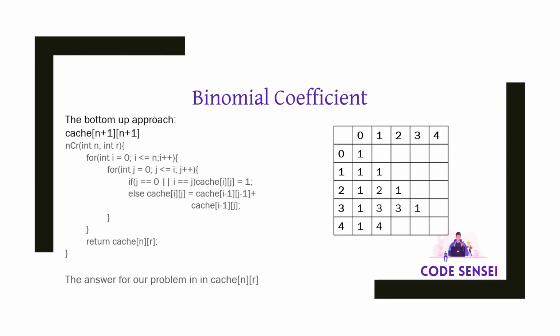Now the value of j will be incremented to 2. So the value of 4 comma 2 is going to be nothing but the sum of 3 comma 1 and 3 comma 2, which will in turn give us the value 6. And then the value of r, that is the value of j, will be incremented to 3. So it is going to give us the value of 3 plus 1, which will be 4.